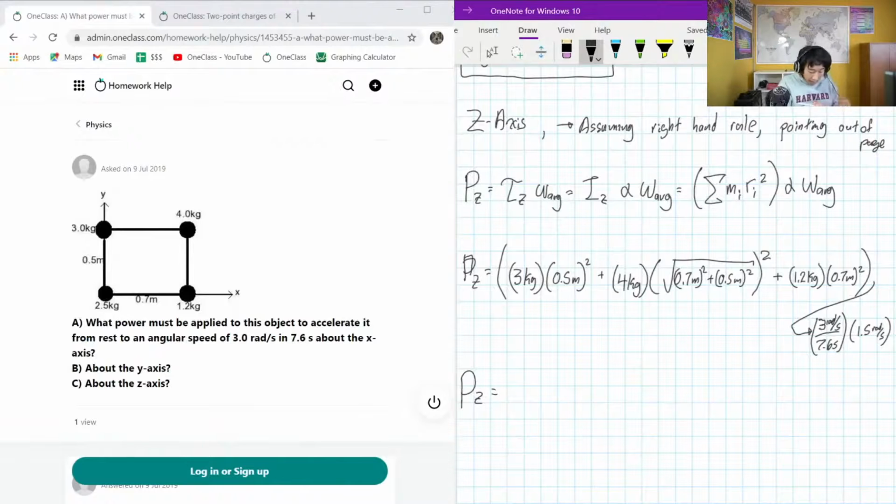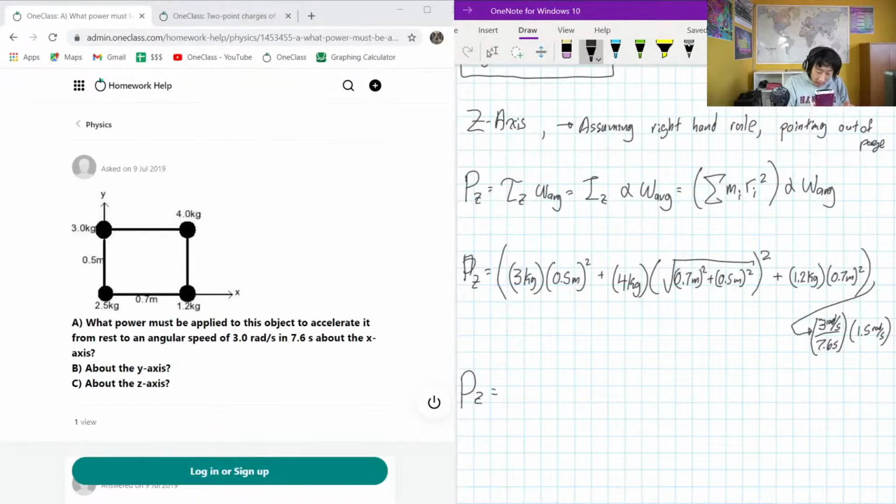Let's math this out. The first term, 3 times 0.5 squared, plus, now this is the spicy one, 4 times, in brackets, 0.7 squared plus 0.5 squared, but we don't need to put that under the root because the square root and the squared neutralize each other.